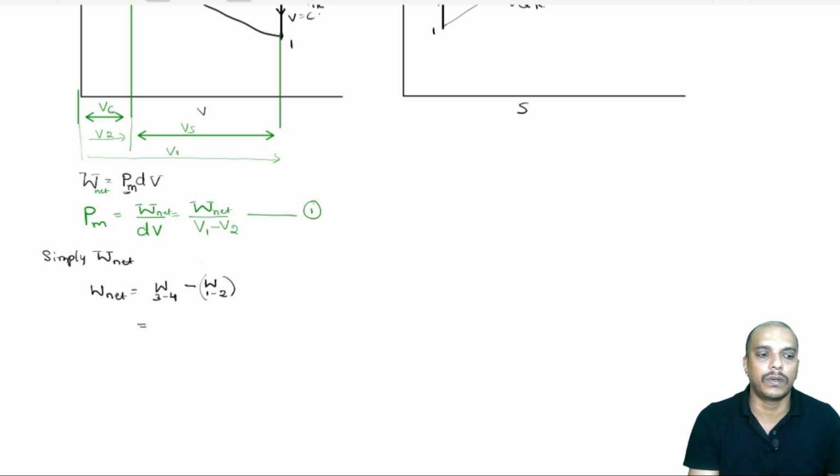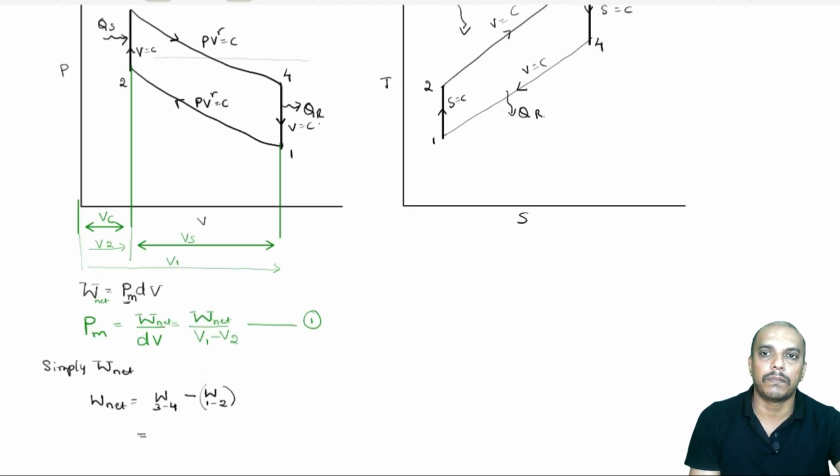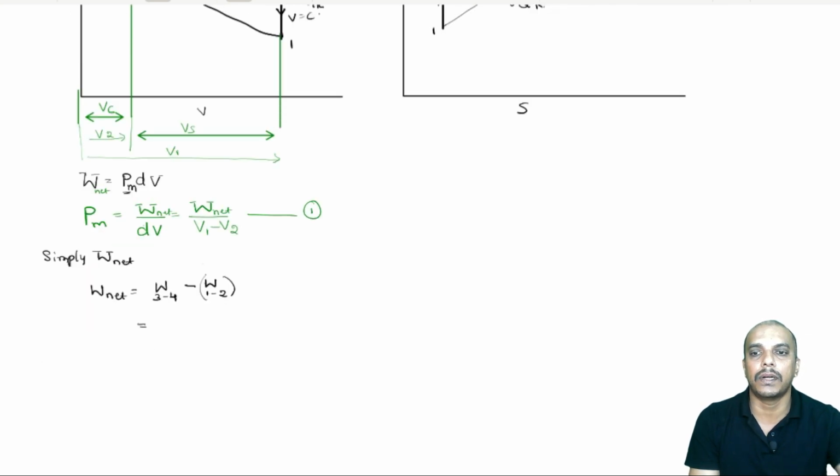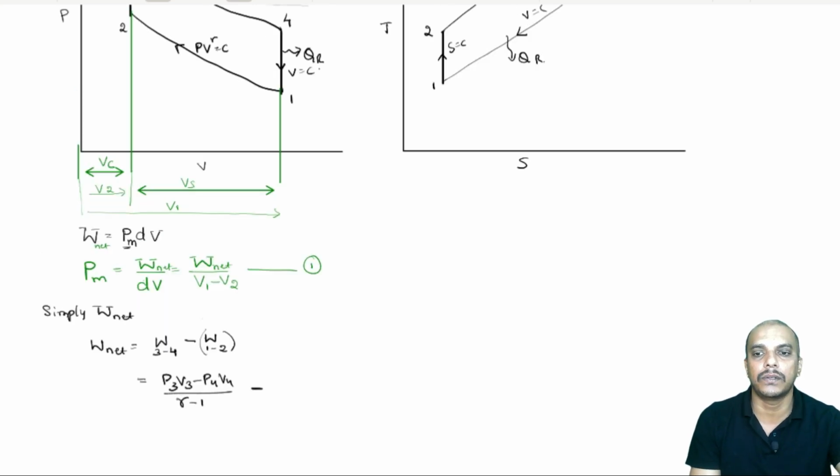Now, W3 to 4 is a reversible adiabatic process, PV to the power gamma is equal to constant. So, for a reversible adiabatic process, we know the work is P3V3 minus P4V4 by gamma minus 1, minus, already I am using a negative sign here. So, it is my duty to substitute this in positive. So, it is now P2V2 minus P1V1 divided by gamma minus 1.